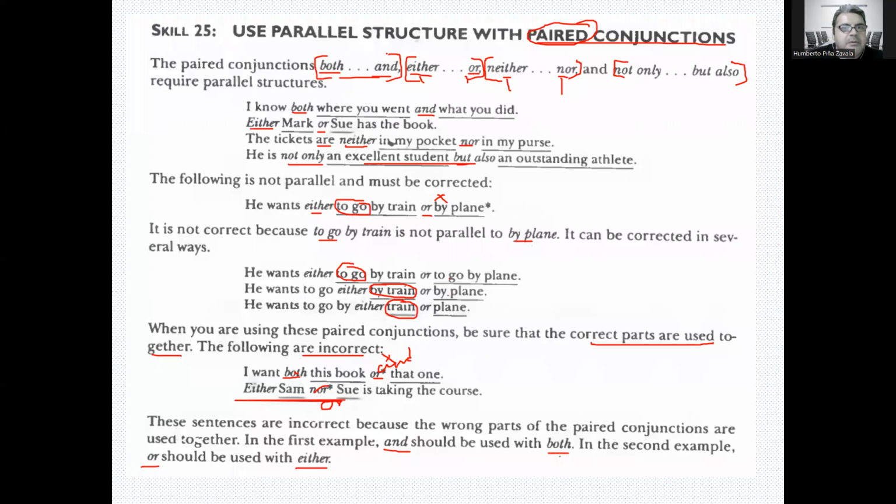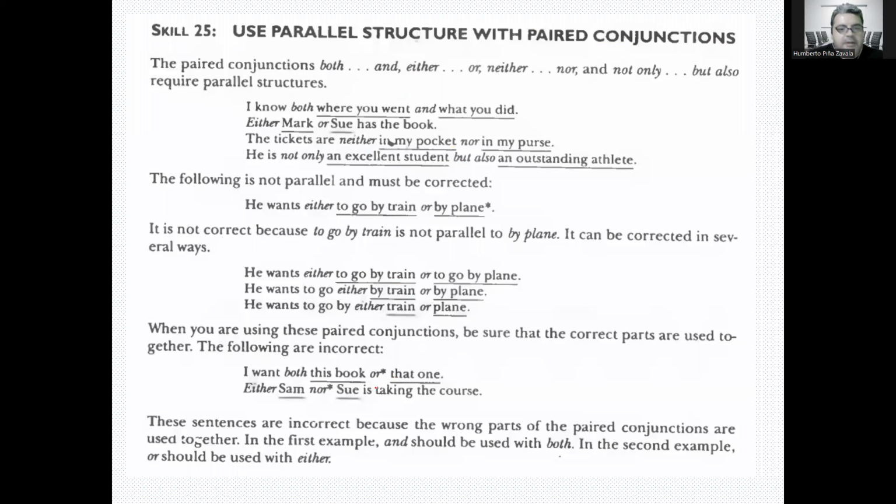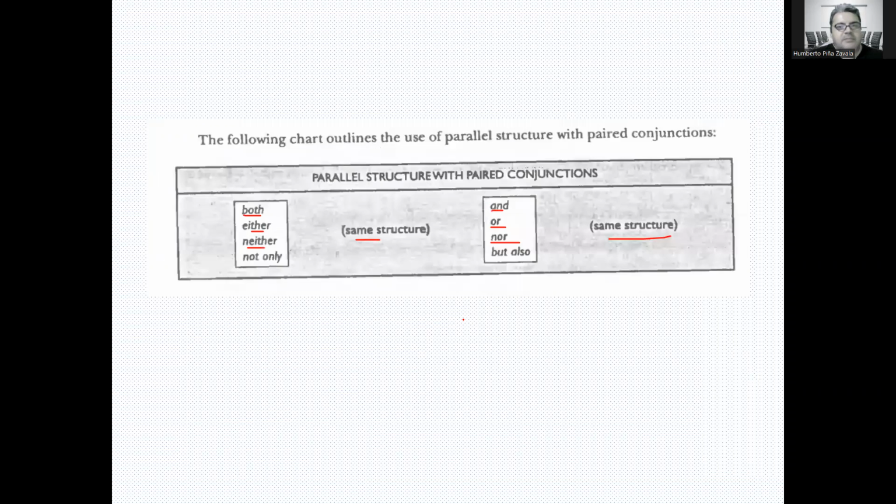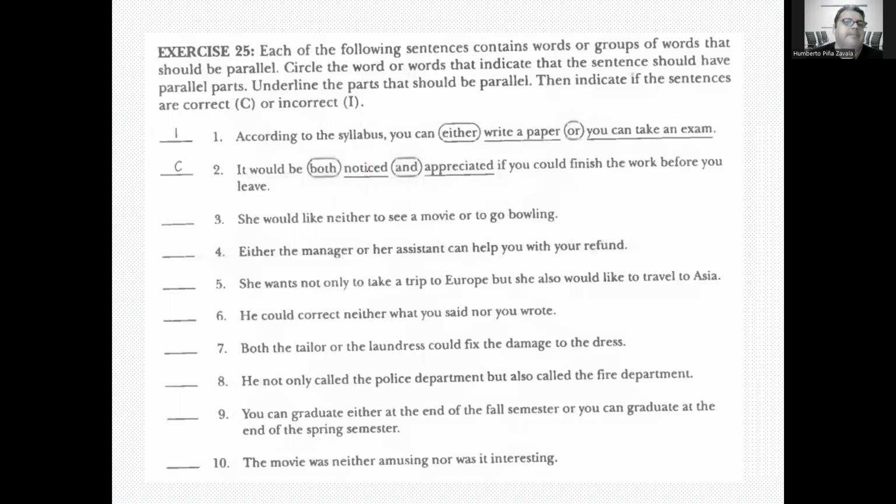So remember, these go together. We cannot shift them around. It has to be the same structure on both sides. If it's an infinitive, then it's an infinitive on both sides. If it's just a noun, it's just a noun on both sides. That's what we're saying.